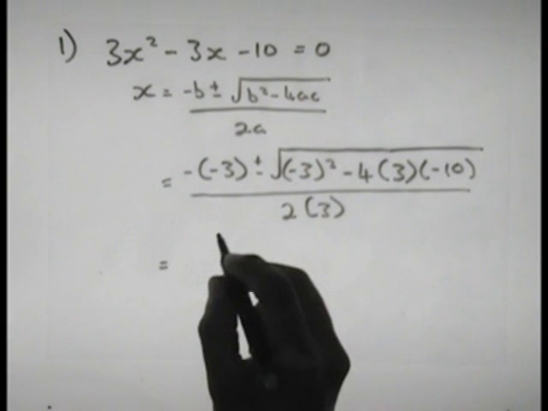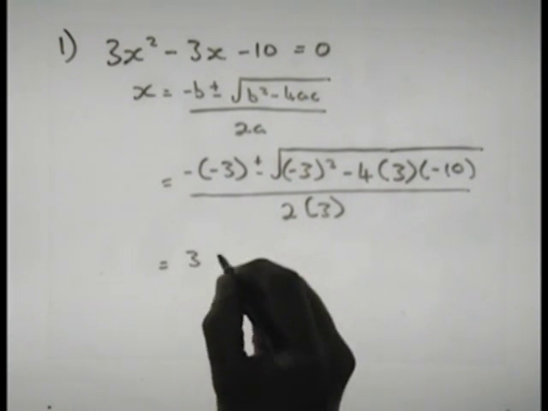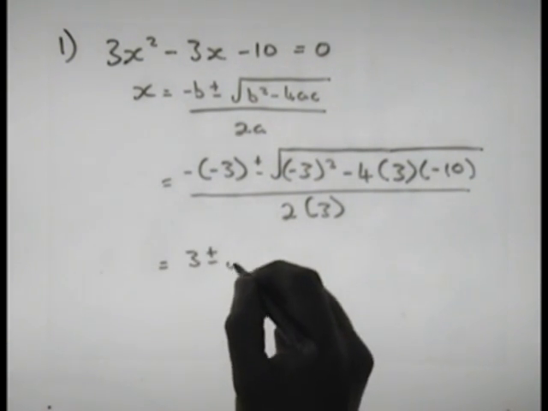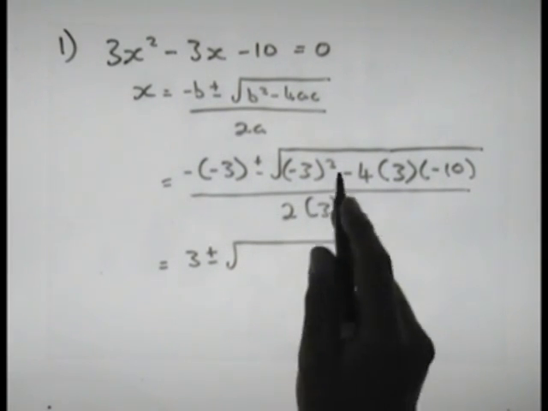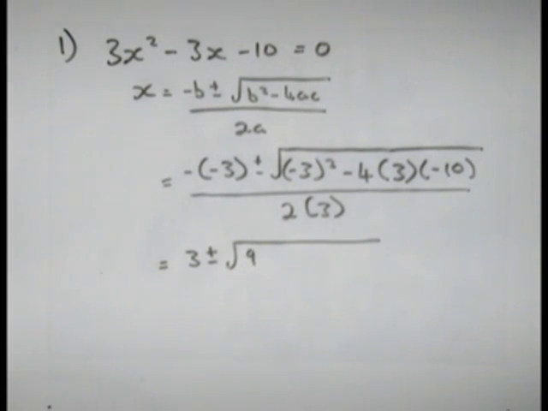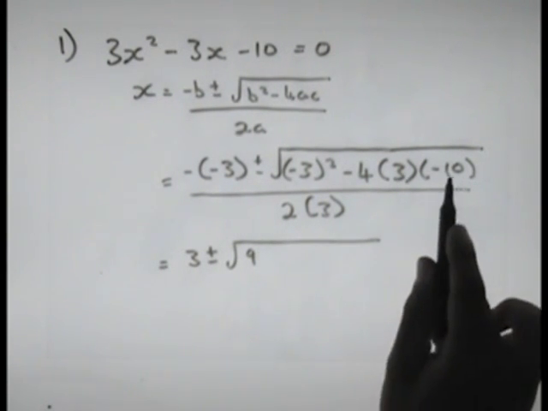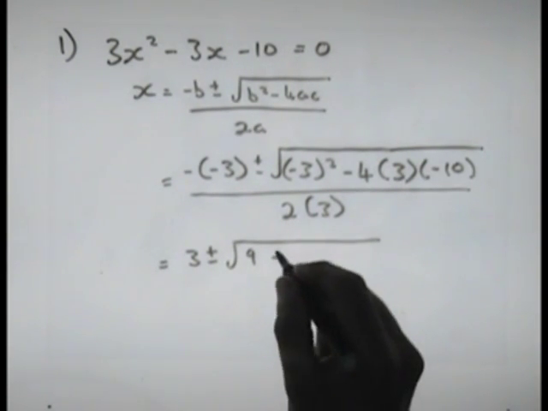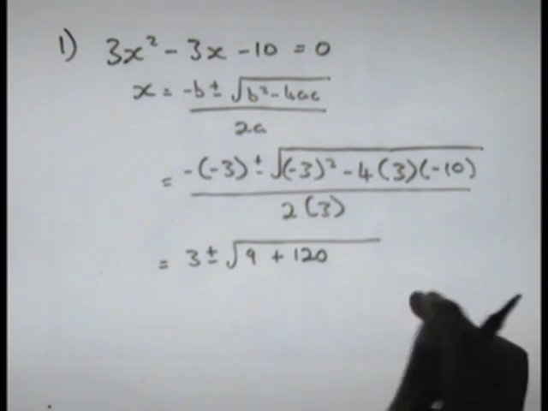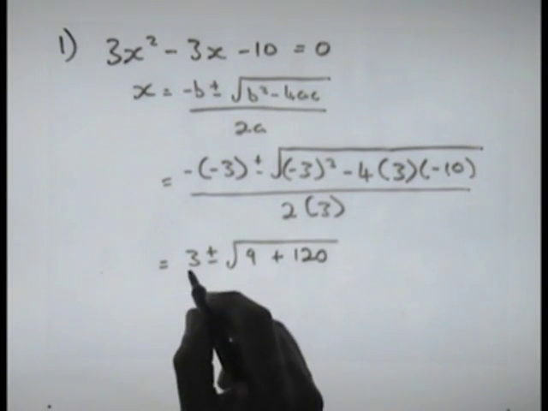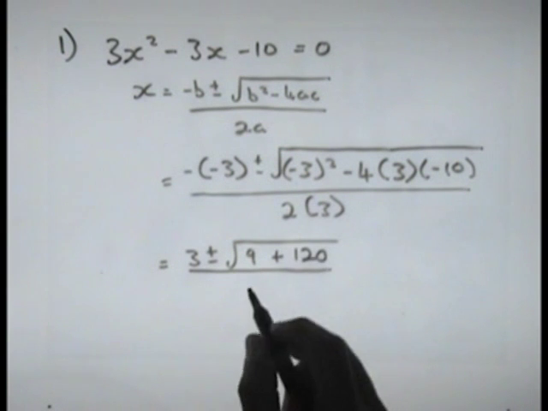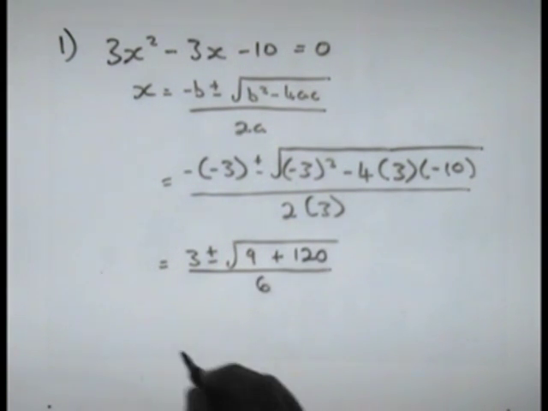Minus times a minus 3 is going to give me positive 3, plus or minus the square root of minus 3 squared, which is 9. Minus 4 times 3 is minus 12, times minus 10 is going to give me positive 120. All of that divided by 2 times 3, 6.